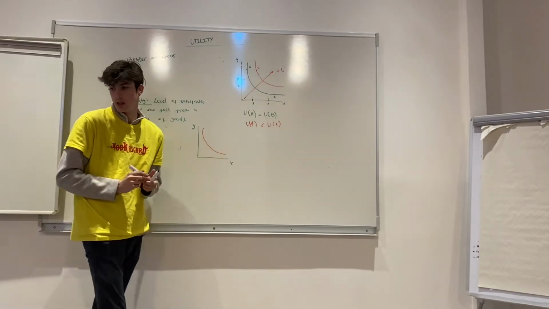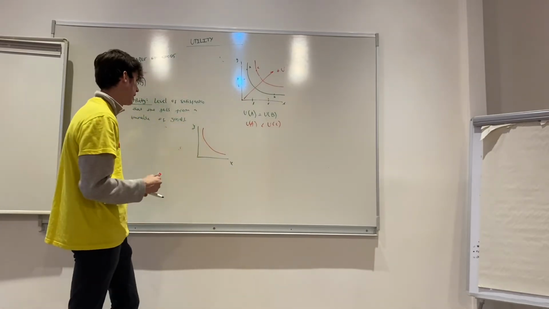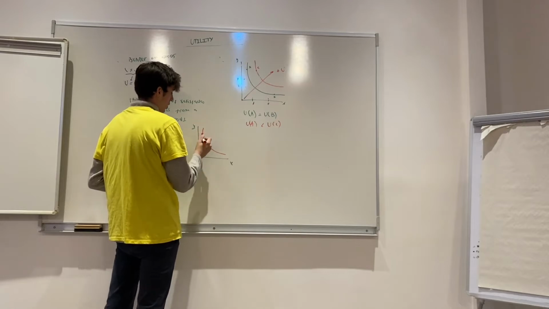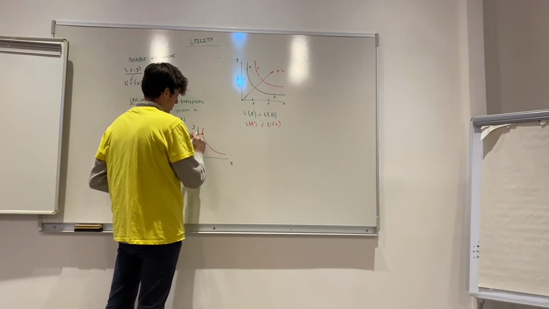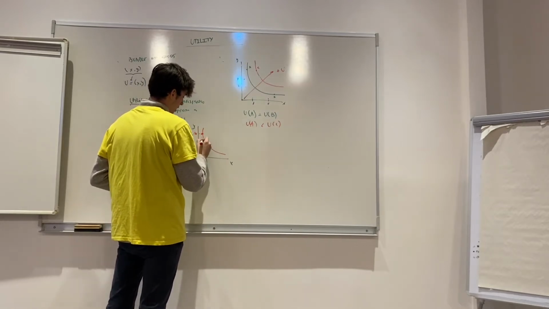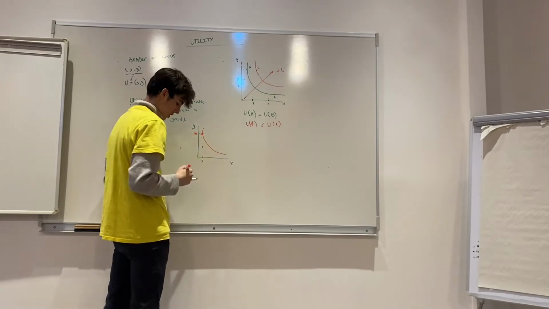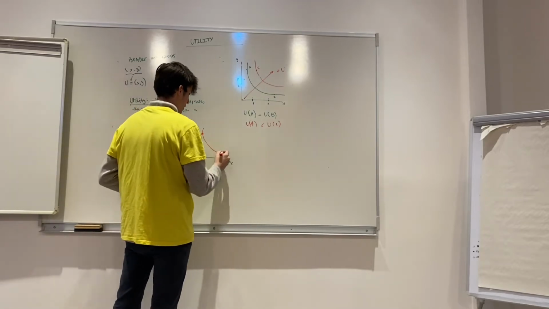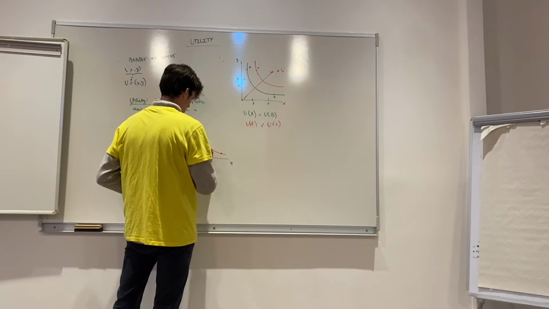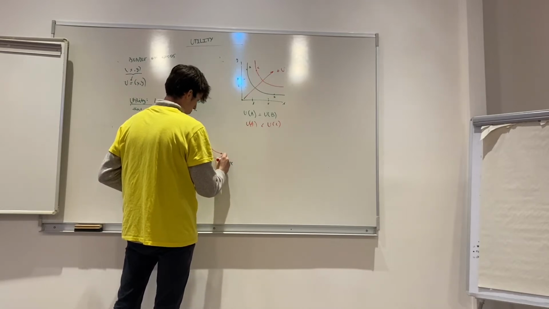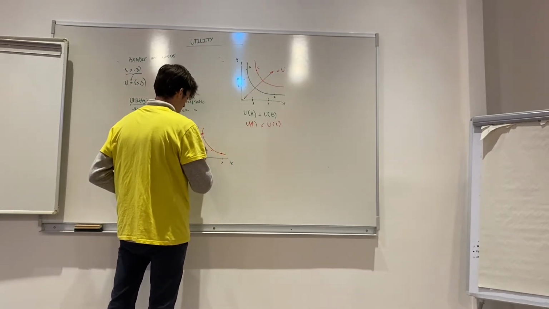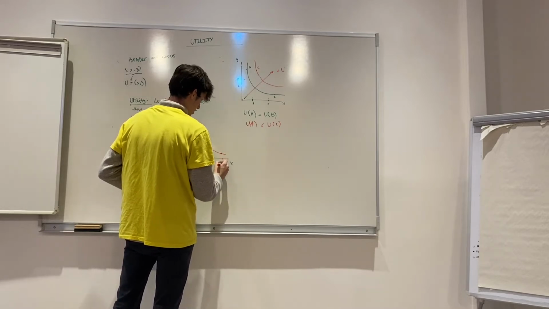At this point, we have a lot of Y, let's say 10, and not much X, while here we have a lot of X and not much Y. Let's say this is 10, and this is 1.